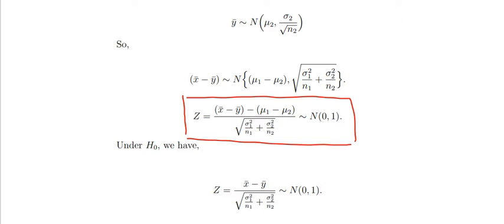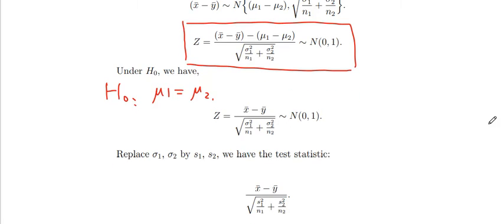Here H0 is no difference, so mu1 equals mu2. Under H0, mu1 minus mu2 equals 0, so we have x bar minus y bar, with sigma 1 square over n1, sigma 2 square over n2. This follows standard normal.